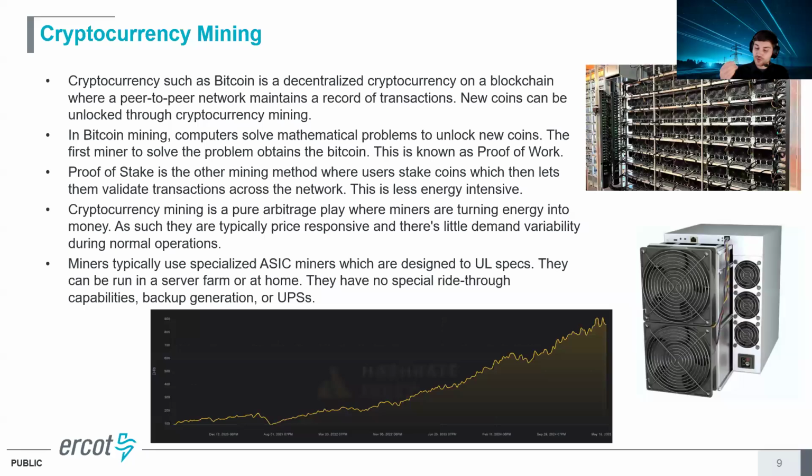As such, they're really price responsive, and as long as the price is advantageous, there's little demand variability. They want to be producing to make money. Miners will typically run specialized ASIC miners, which are designed to UL specs, not IEEE. You can run these at home or in a server farm, and they typically have no special ride-through capabilities. There's no backup generation or UPSs on these sites.